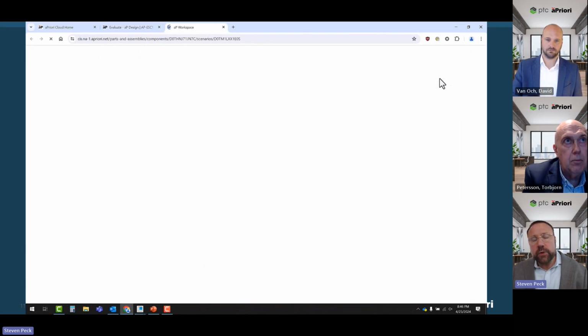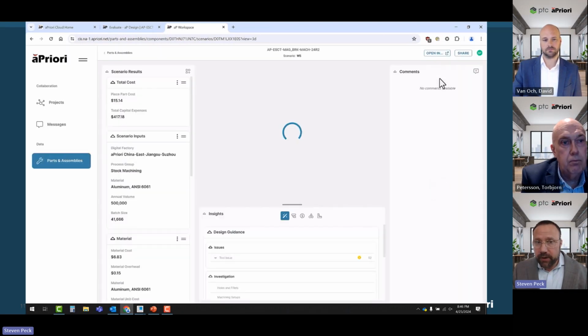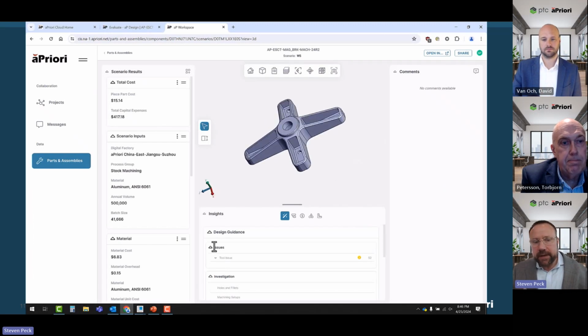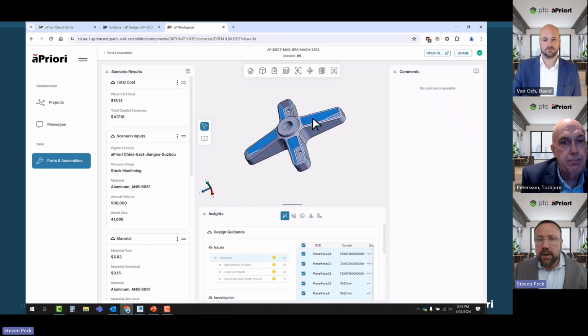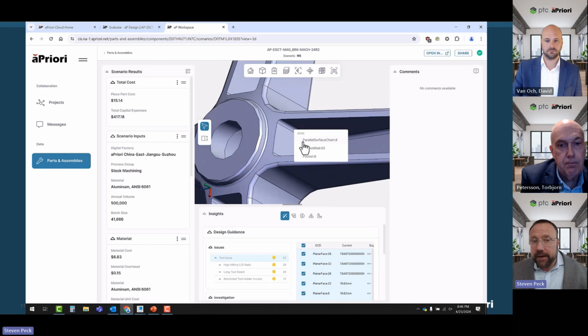In this case, we can launch into aPriori Workspace, which is really a collaboration tool. The design was automatically analyzed as part of a workflow and reviewed, but the designer needs some input. They're not quite sure if they can modify this radius.